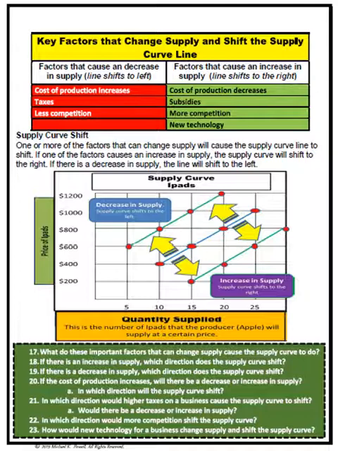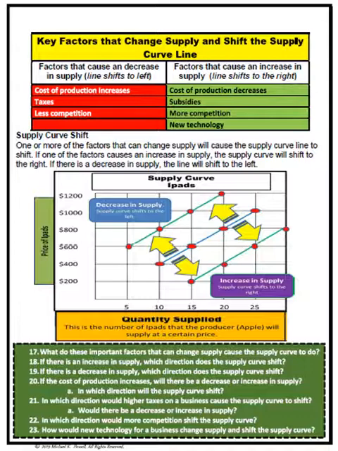17. What do these important factors that can change supply cause the supply curve to do? 18. If there is an increase in supply, which direction does the supply curve shift? 19. If there is a decrease in supply, which direction does the supply curve shift? 20.